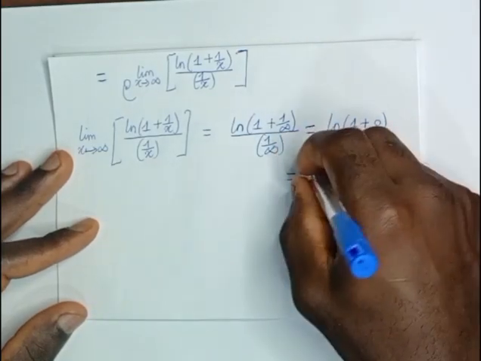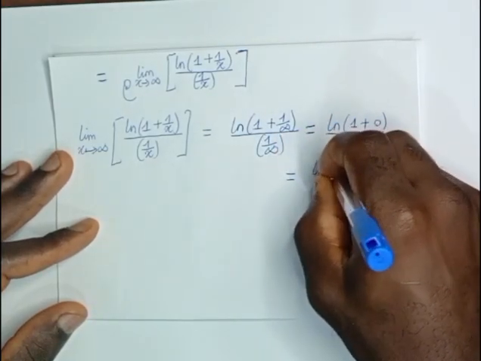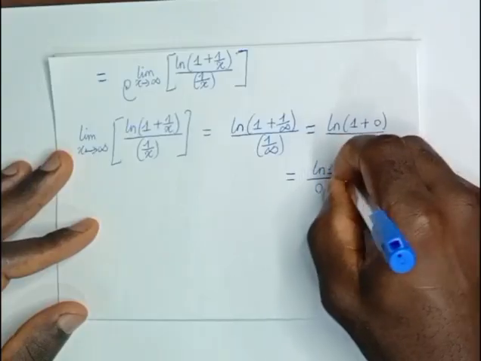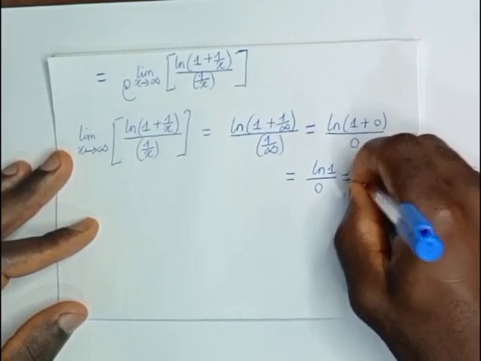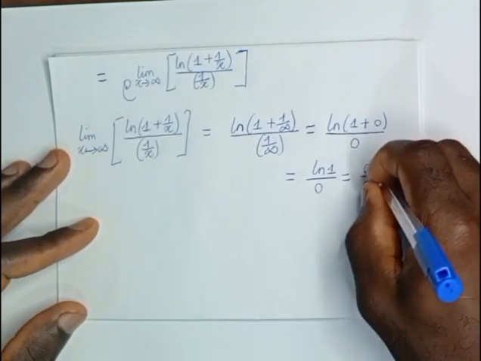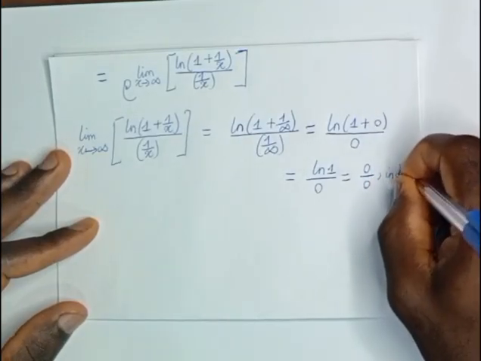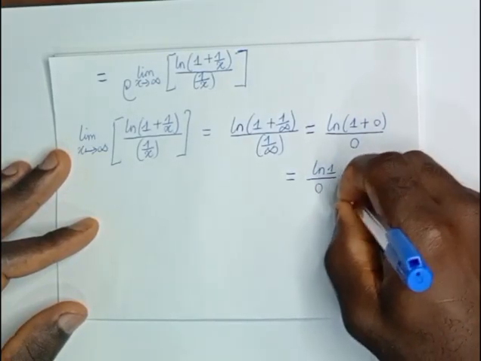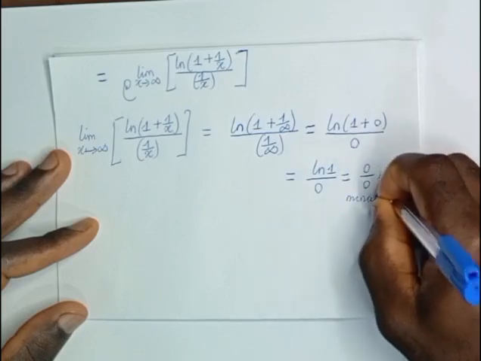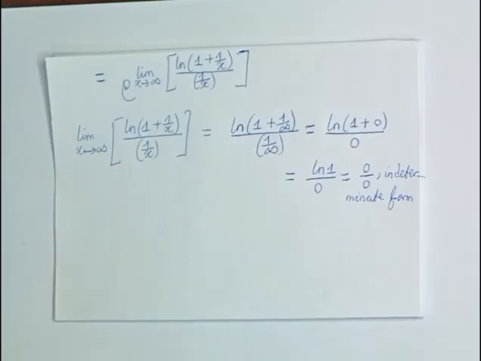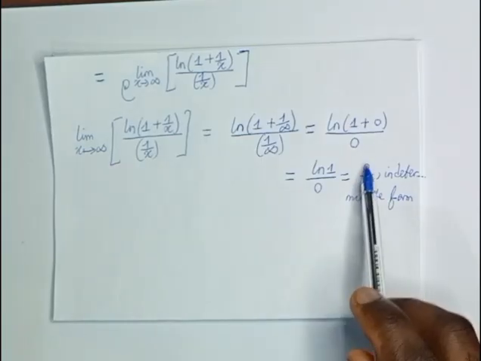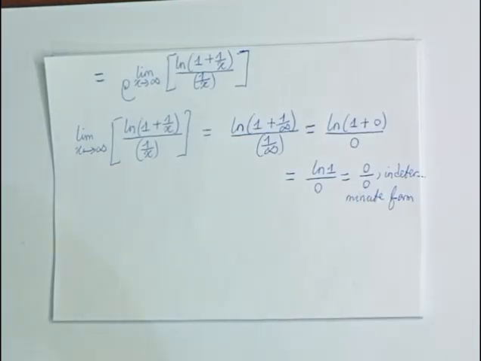This will be ln of 1 over 0, and ln of 1 gives us 0, so we have 0 over 0, which is the indeterminate form. That means it is meaningless, and when we have 0 over 0, there is nothing we can say about the limit of this function.